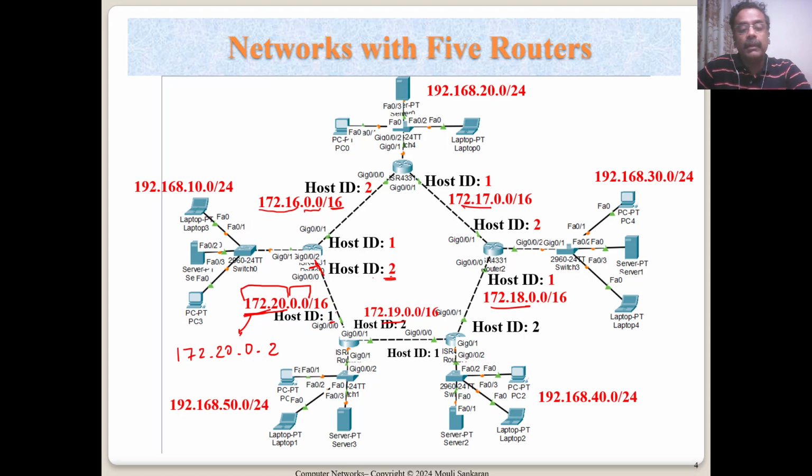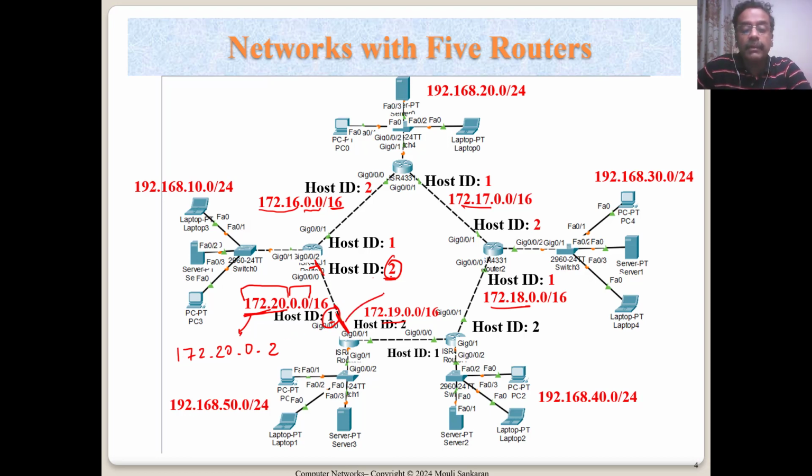That is the IP address of that interface. There is one more interface from this router which is also on the same network. That means both of them should have the same network ID portion and a different host ID portion. I cannot give the same IP address to 2 different interfaces or hosts in a network.